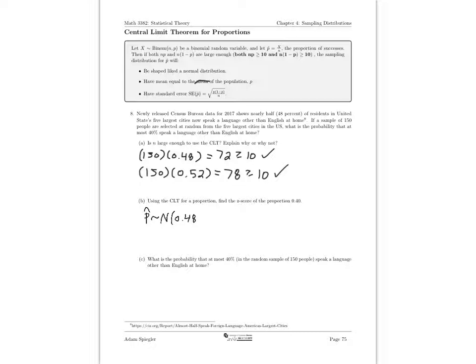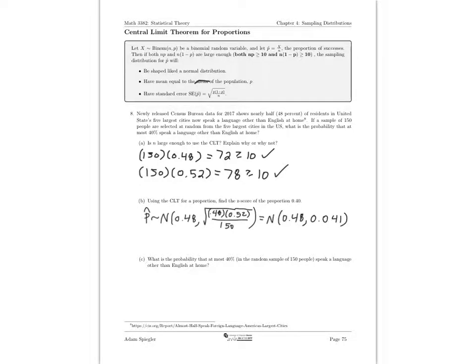I should expect on average to get the population proportion, and the standard error is going to equal the square root of p times 1 minus p all over n, which is 150. And so if we calculate these, we get the 0.48 where things should be centered, and calculating that would give me the standard error, would give me 0.041.